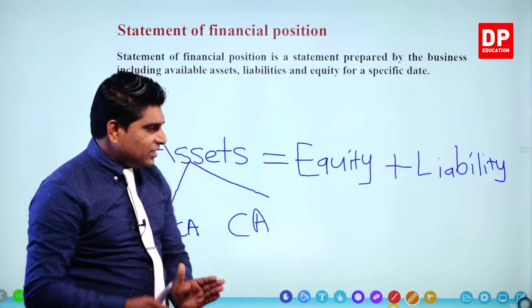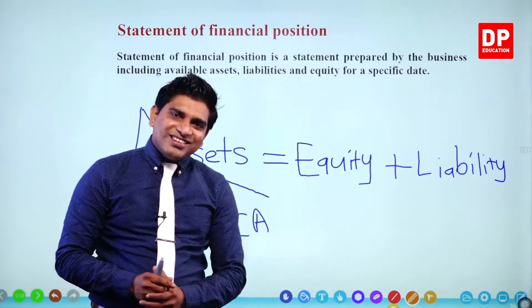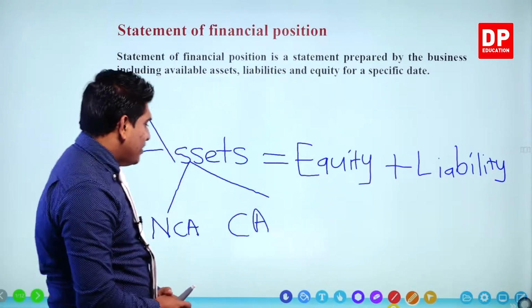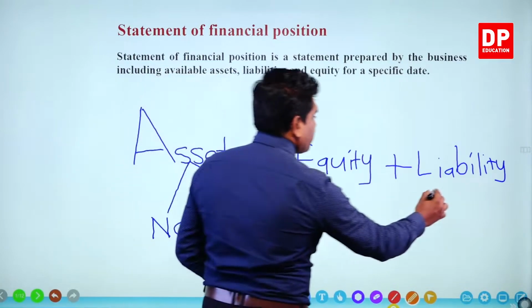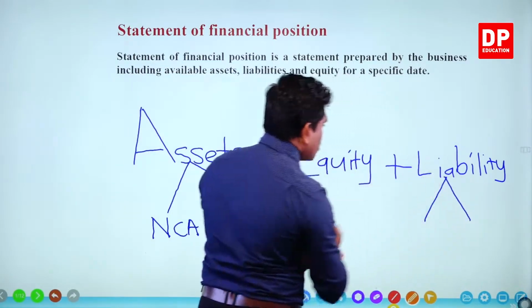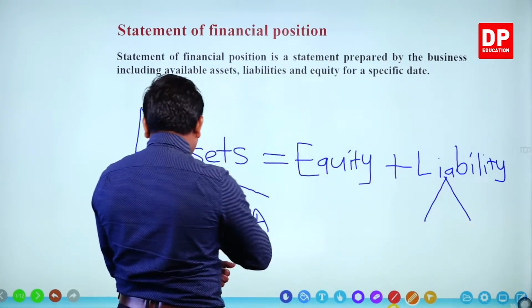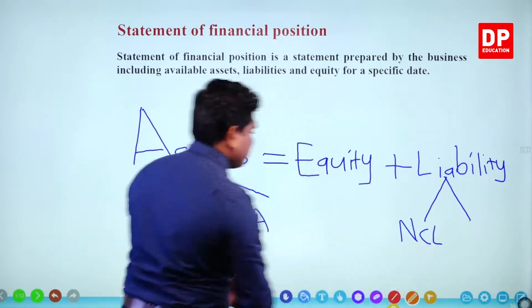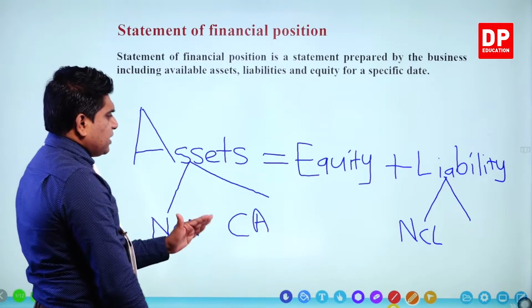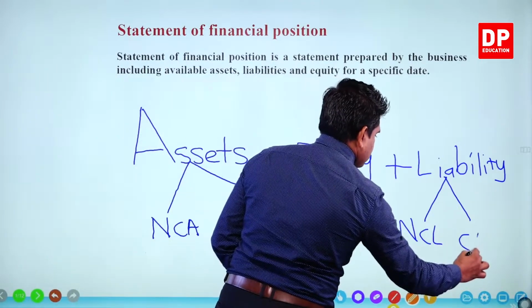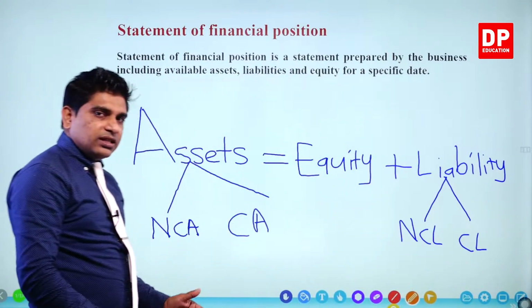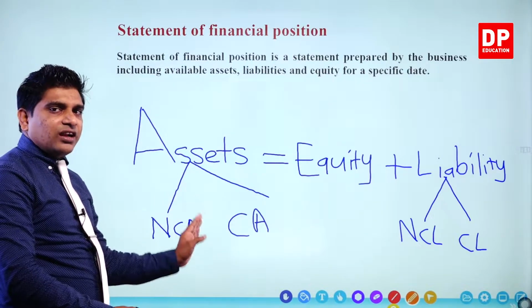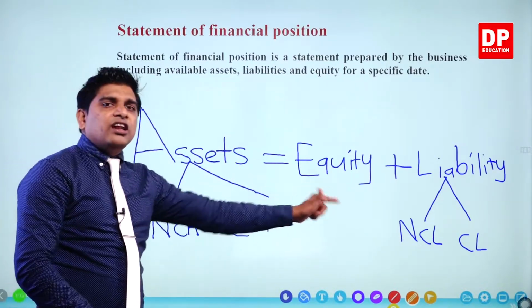Not only that, there are current liabilities and non-current liabilities. Now you know liability can be categorized into two categories. The same as non-current assets, here non-current liability. Current assets, they are current liability. Easy to remember. This side non-current asset, they are non-current liability.